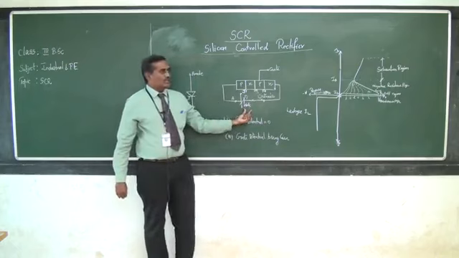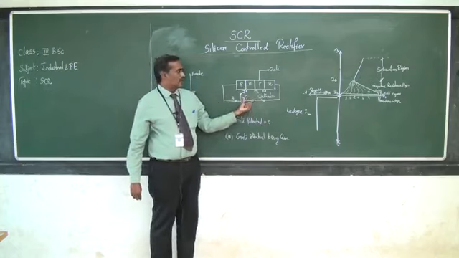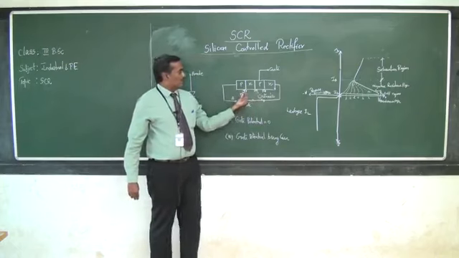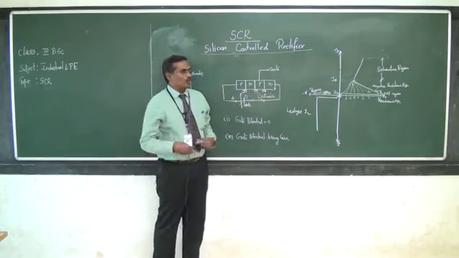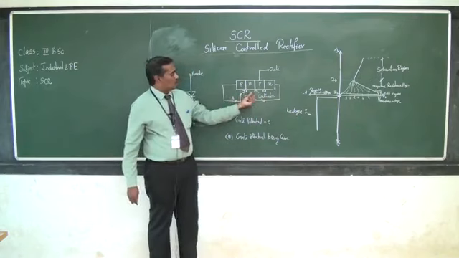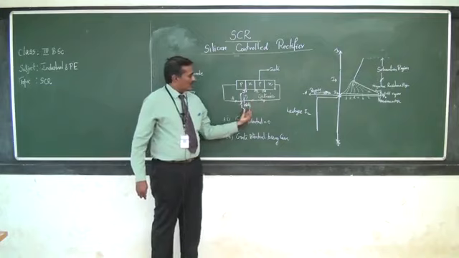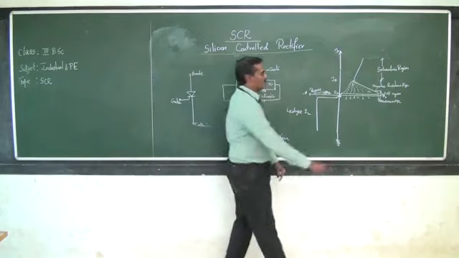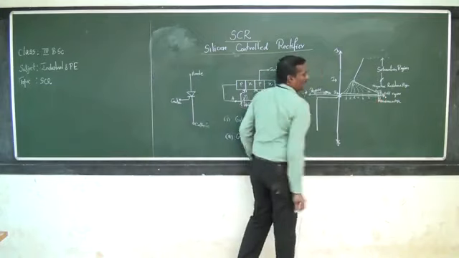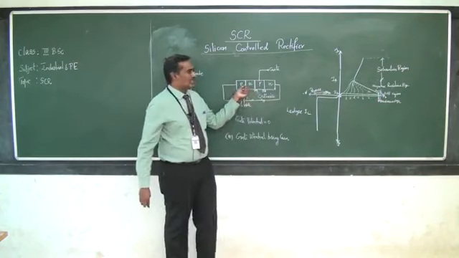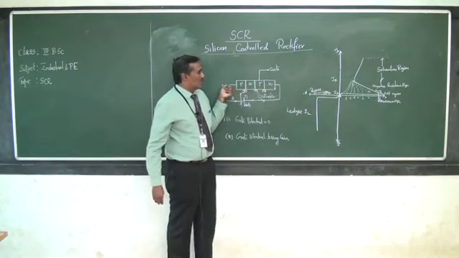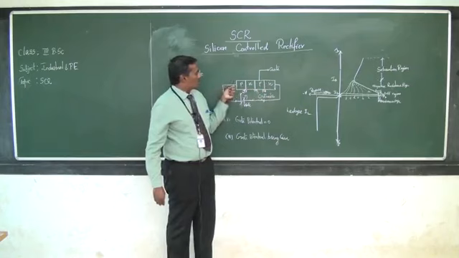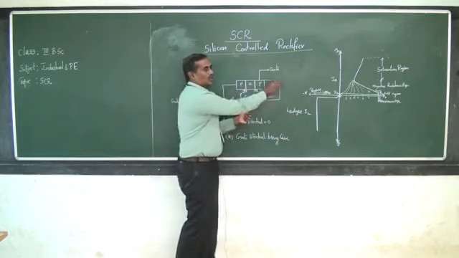When this anode cathode voltage keeps increasing, slowly J1 and J3 become more forward biased. Once this anode cathode voltage reaches the breakover voltage of the SCR, immediately the junction breaks down. Therefore, more electrons flow from anode to cathode.